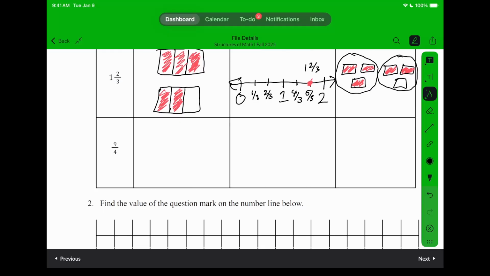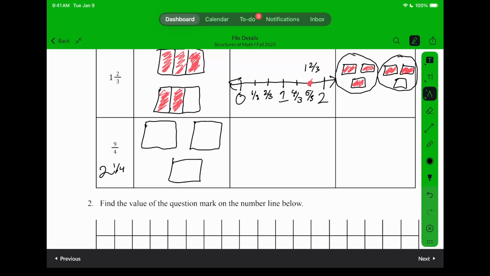And then finally, we have 9/4, which is an improper fraction. If we want to, we can change this into a mixed number, which would end up being 2 and 1/4. So we can draw our wholes for our area model.